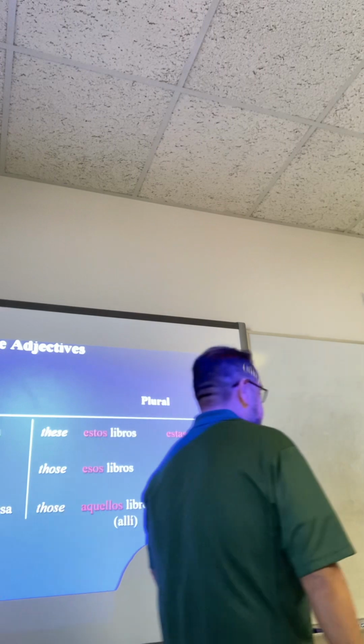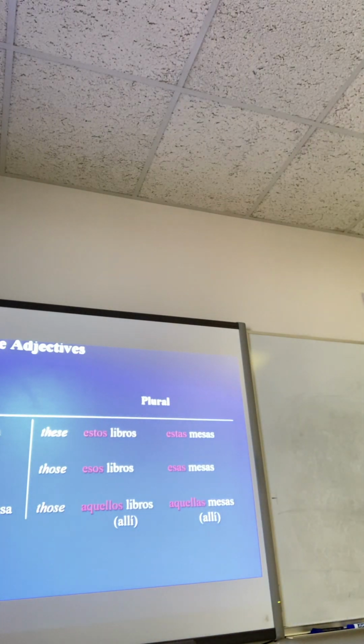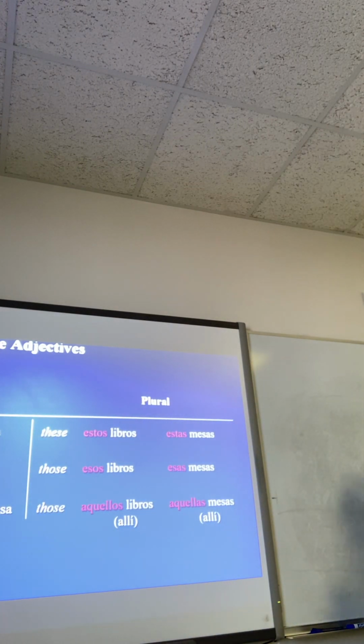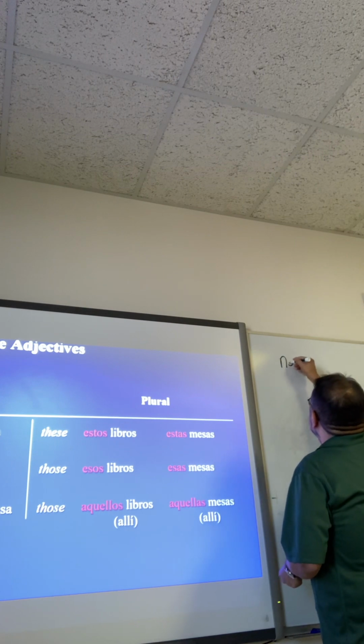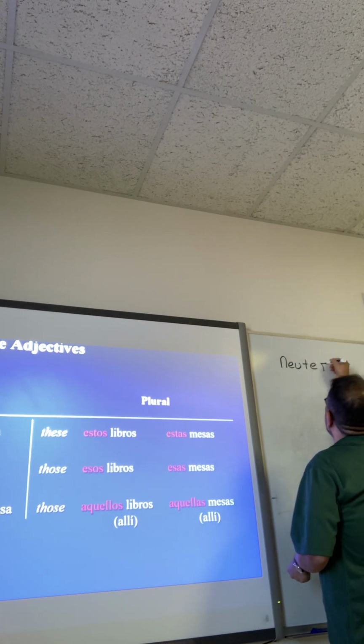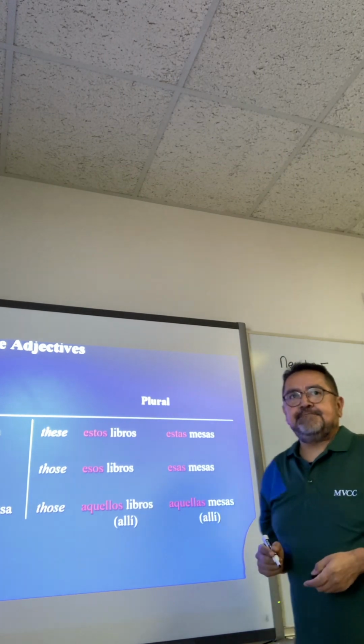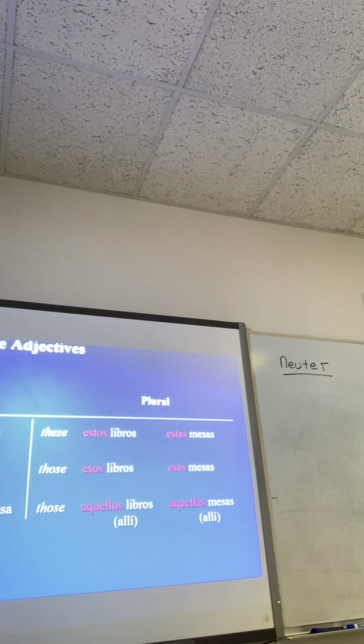But when it comes to demonstratives, this is the only time in español that you ever have to deal with neuter. That's the third gender. What do we mean by neuter? Neutral. It has no gender.